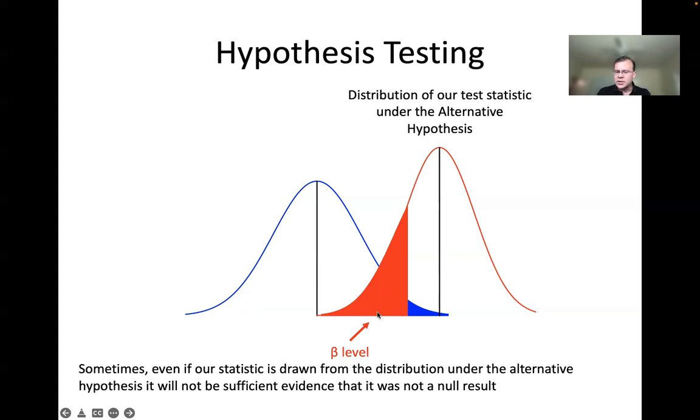And this red shaded area is the beta component here, 1 minus our power, which we can quite easily say is that sometimes, even if our statistic is drawn from the alternative hypothesis, that statistic still won't reach the level of evidence that we require to reject that it's part of the null hypothesis distribution.